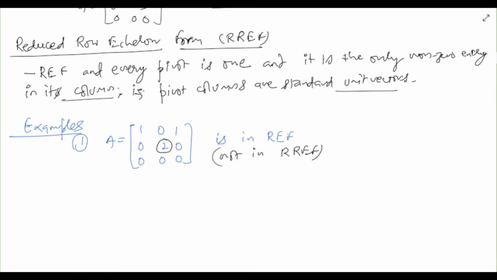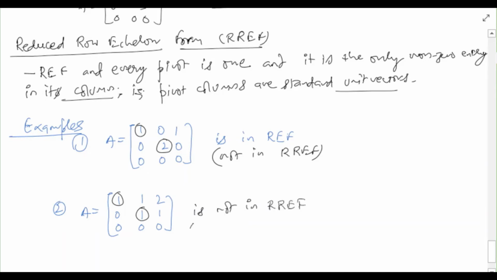Okay, let's see another example. Now A is 1, 1, 2, 0, 1, 1, 0, 0, 0. Here we see that the pivot entries are all 1, but the second column, which is a pivot column, is not a standard unit vector. It's not in reduced row echelon form.